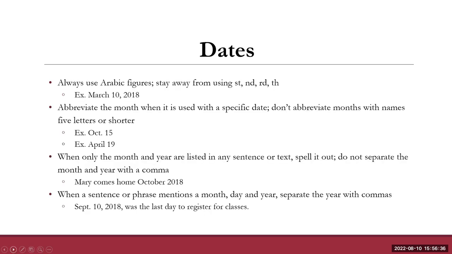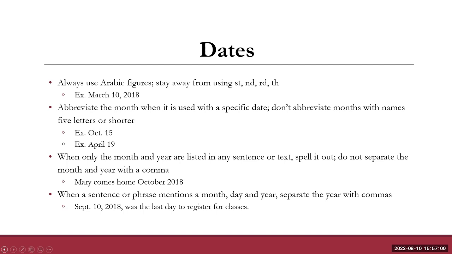So let's first look at dates. When formatting a date, you always want to use the Arabic figures. You don't want to include st, nd, rd, just the dates. Abbreviate the month when it is used with a specific date, but don't abbreviate months with names 5 letters or shorter.